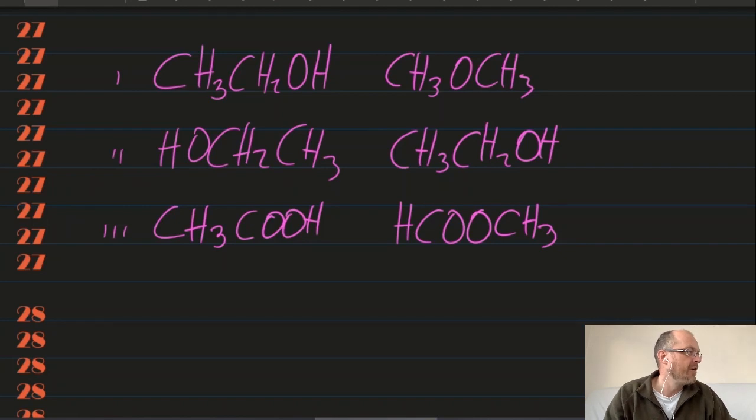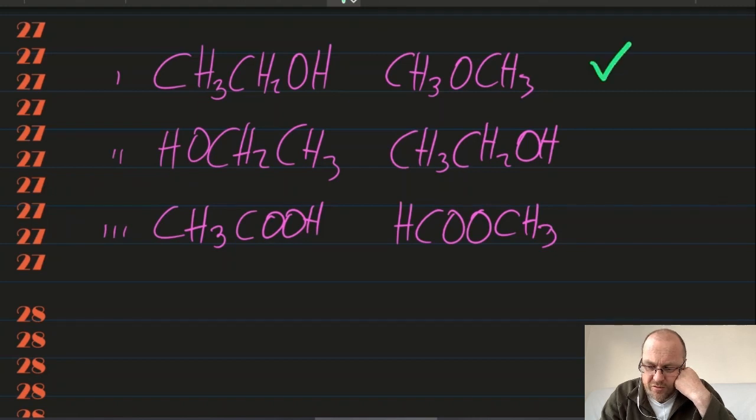27. Structural isomers. So same formula, different structure. What are structural isomers? What do I count here? I count 2 carbons, 6 hydrogens, 1 oxygen. Yep. 2 carbons, 6 hydrogens, 1 oxygen.